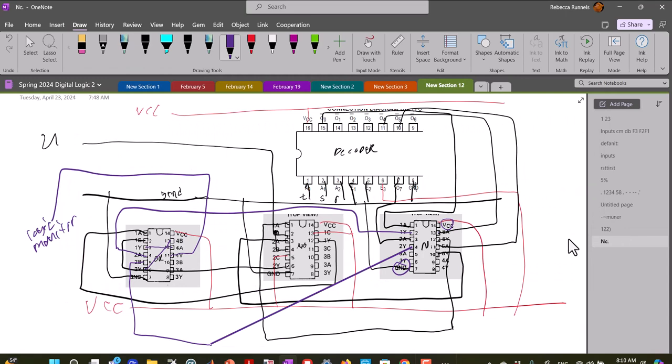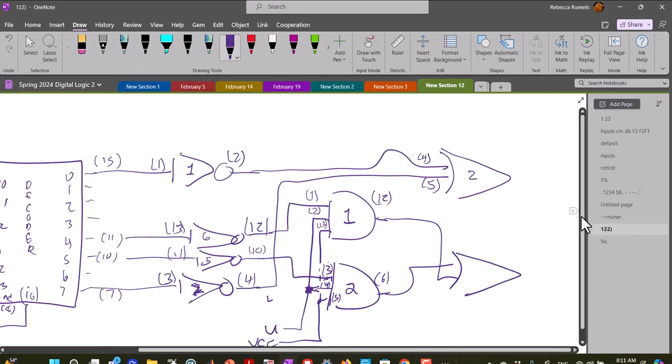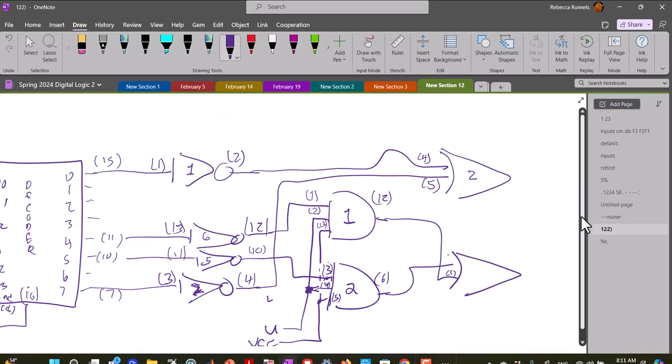And then the outputs from these AND gates are 1 and 2. So 1 and 2.